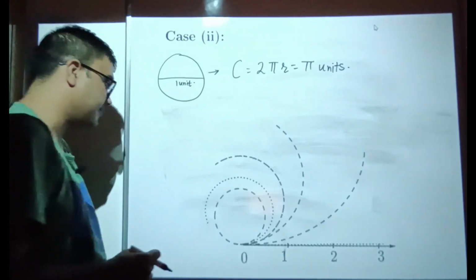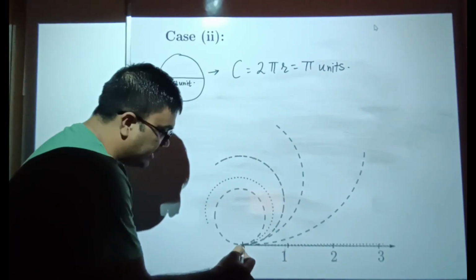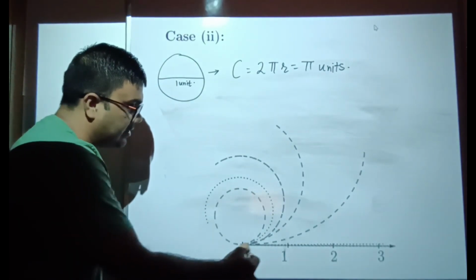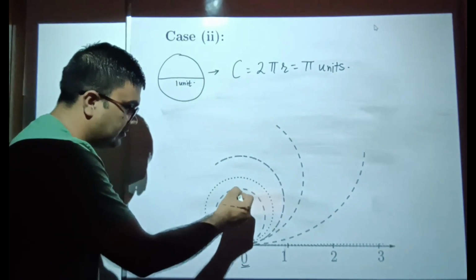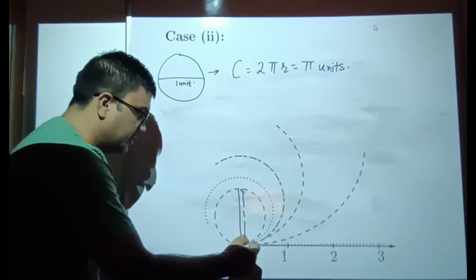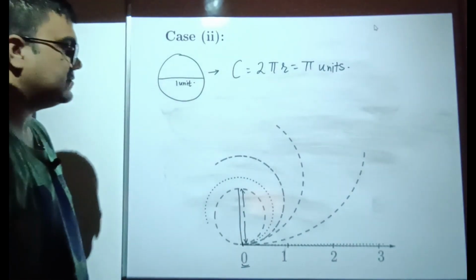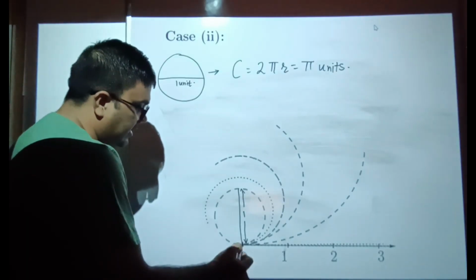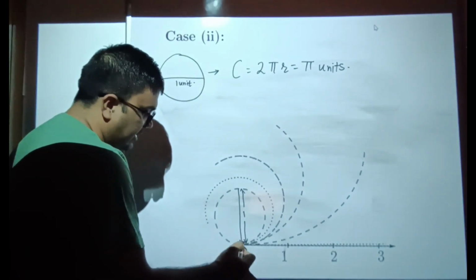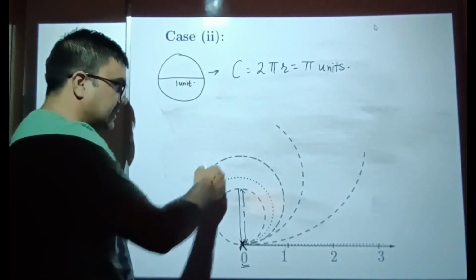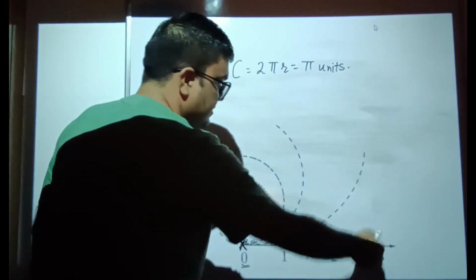So what have we done? This is the point 0. We have drawn a circle over here. The diameter of this circle is 1 unit. Now we cut this circle at this point and start opening this circle like this.